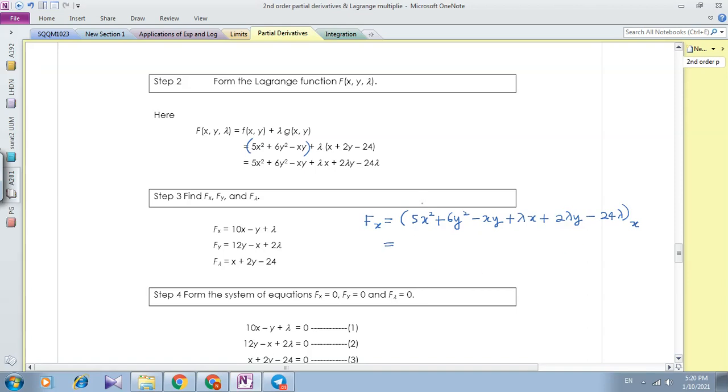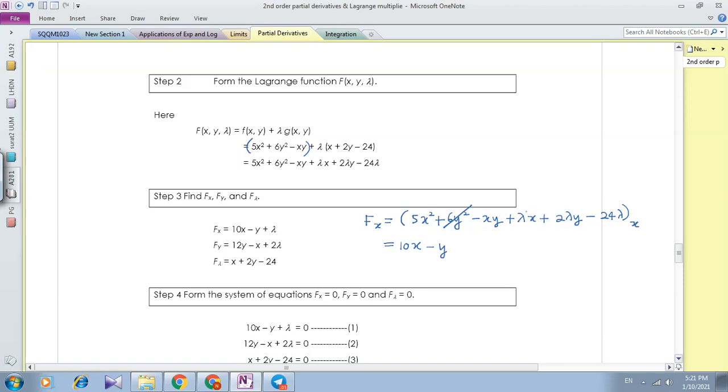So we can find the partial derivative of this to get 10x. The next term becomes a constant, so this is 0, and then the partial derivative of this gives negative y.